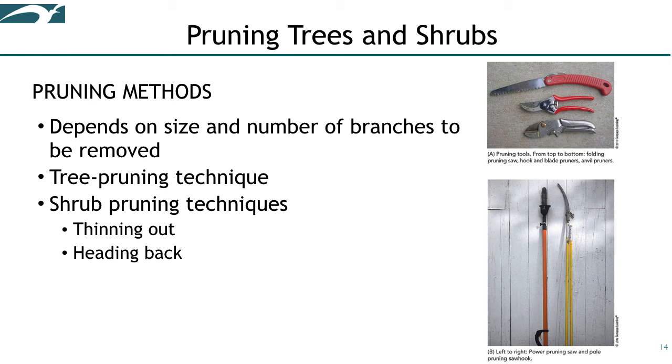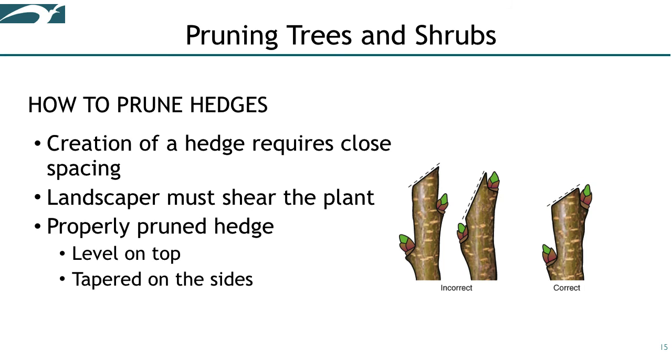Pruning methods. Depending on the size and number of branches to be removed, you will want to know how to prune the trees and the shrubs using different techniques and different styles, whether it is thinning out or heading back. So pay close attention to whether you are pruning a tree or a shrub.